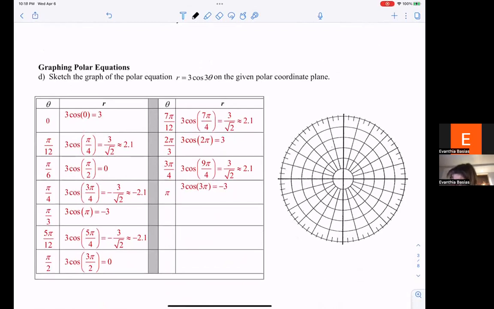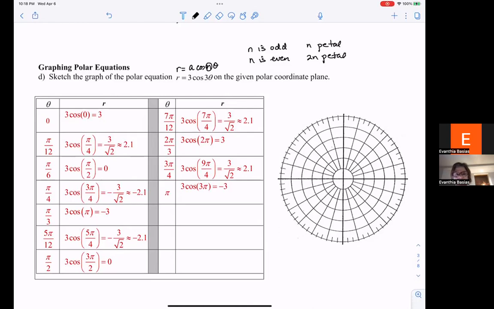Whenever we have a curve in the form of a cosine n theta, the n represents a rose. And if n is odd, we have n petals for the rose. And when n is even, we've got 2n petals. We double the number of petals.